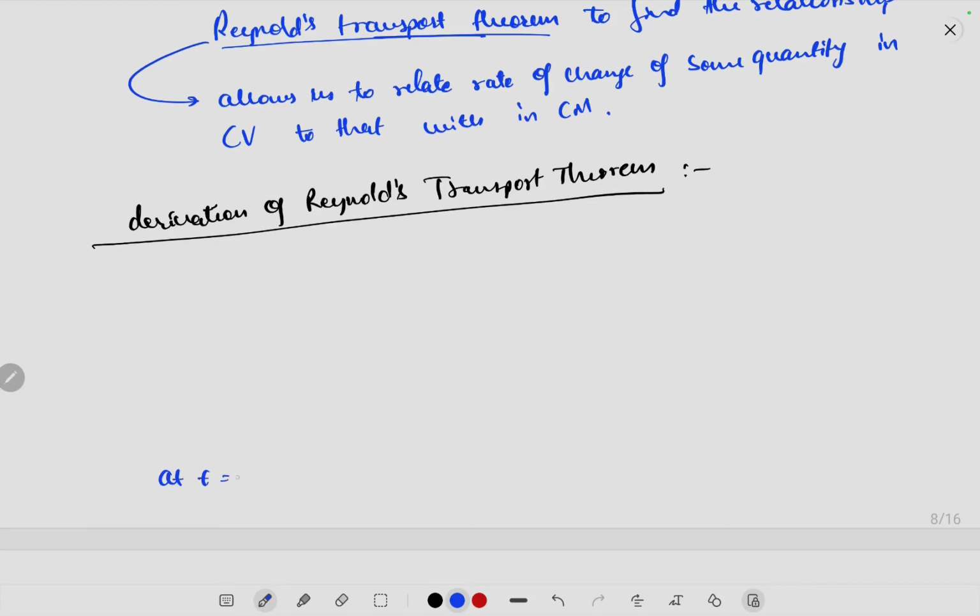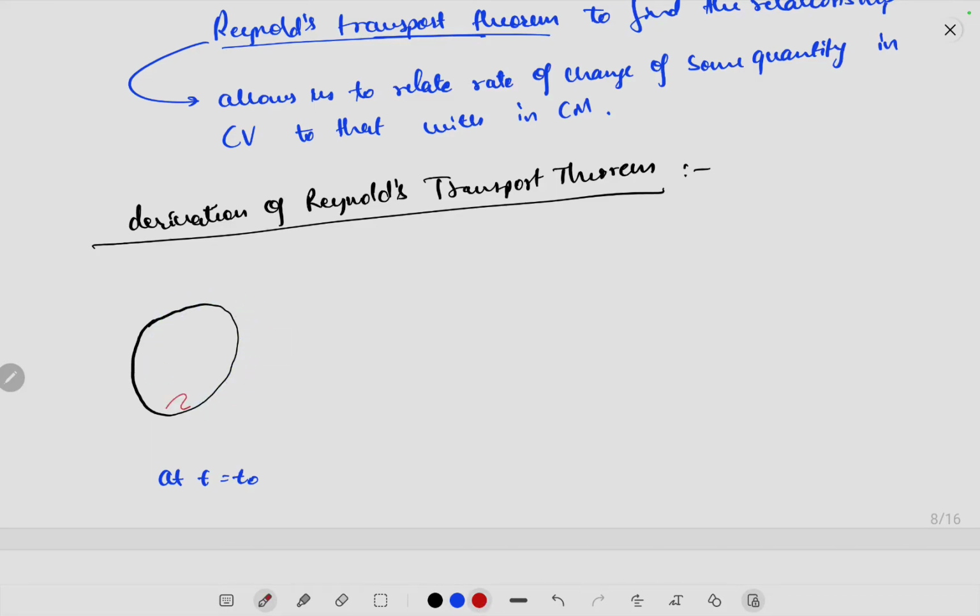Okay, now let's say at t is equal to t naught, my control mass looks like this. So my control mass, let's say it looks like this. Okay, and I am defining the control volume in such a way that the control volume overlaps this control mass.